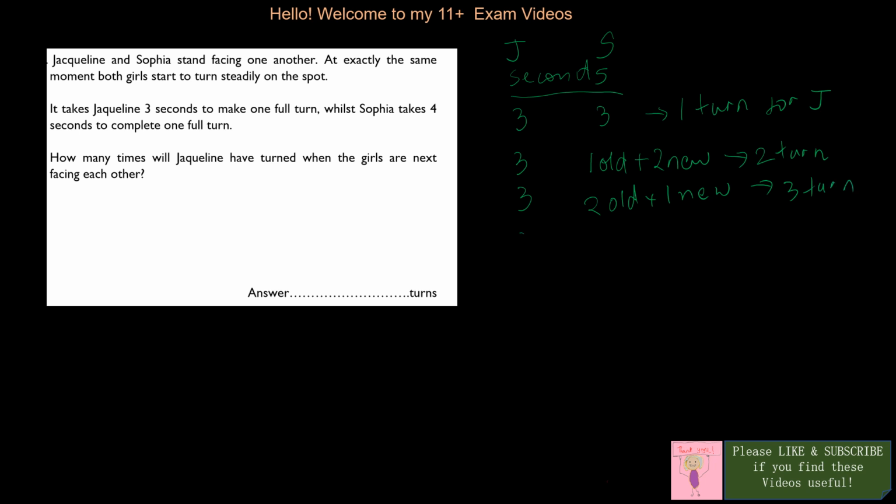And the fourth turn, again this is 3, so she has done 1 new, so she will have completed 3, so then 3 old, so then they meet again. So here they will meet again, okay, and then a new cycle will start after the fourth turn.